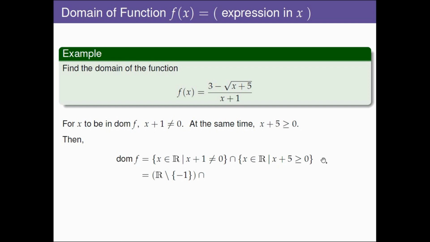If x plus 5 is greater than or equal to 0, then x is greater than or equal to negative 5. So this set is the interval negative 5 to infinity. We can write this intersection in this form: negative 5 to infinity, not including negative 1.